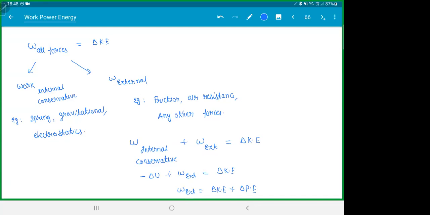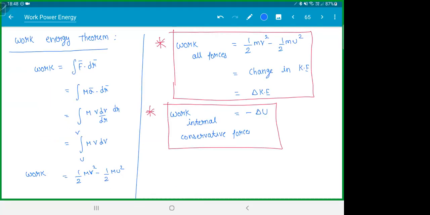So we got the third form here. So we got total three forms. Work done by all forces is change in kinetic energy. Work done by internal conservative forces is negative change in potential energy.